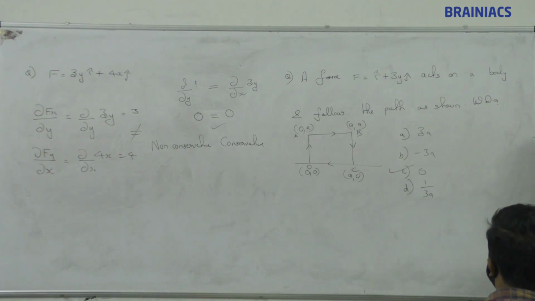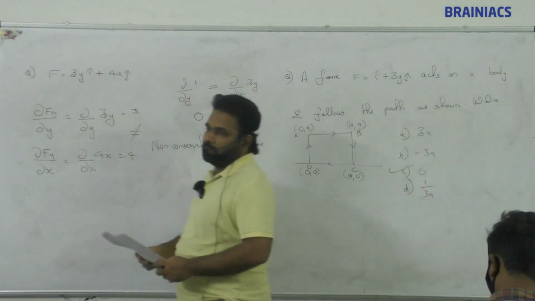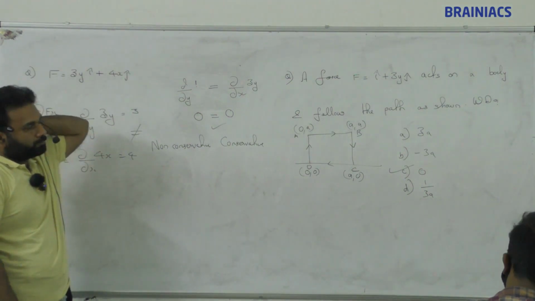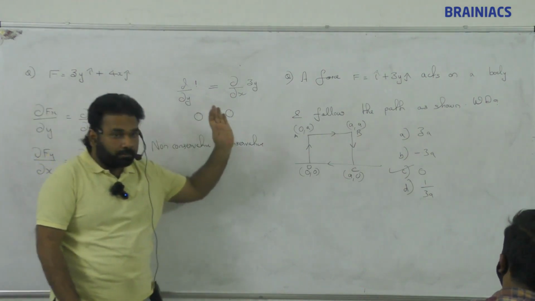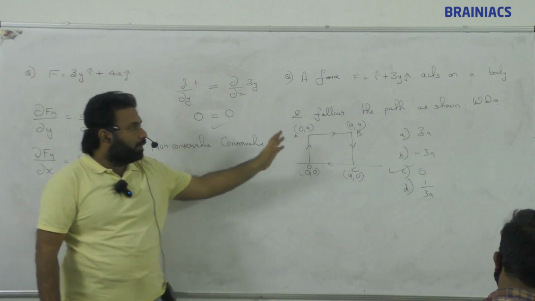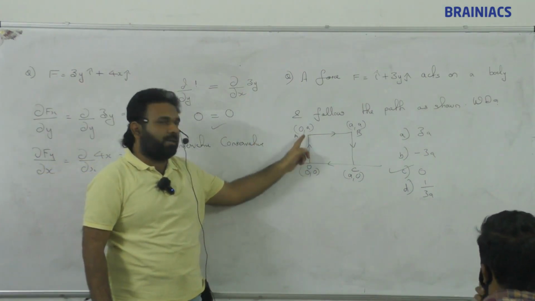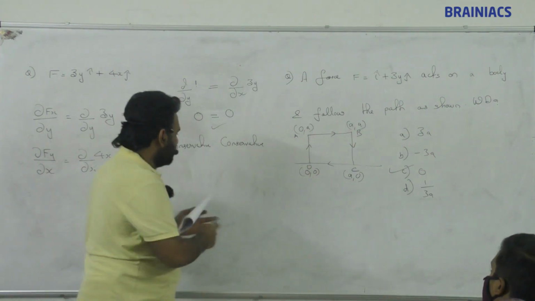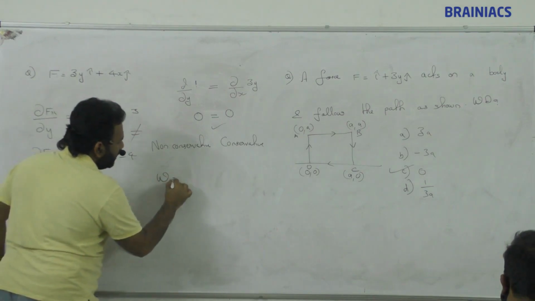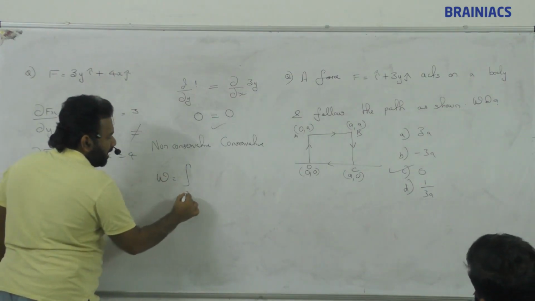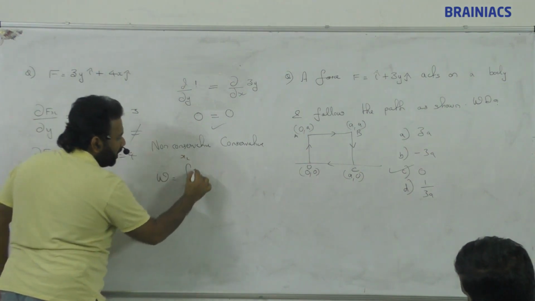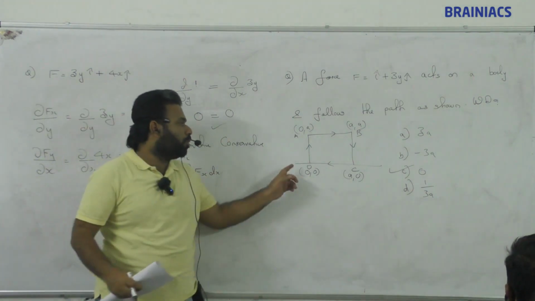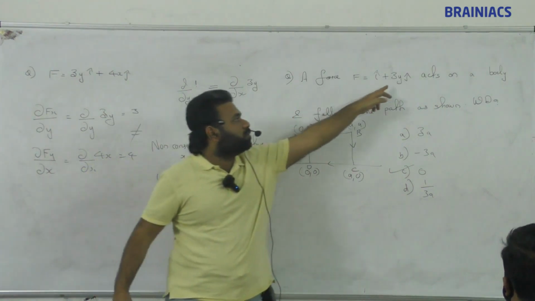Suppose if it is not conservative, we can find it out, right? From O to A, just like this one we have done now. Work is equal to the integral from x1 to x2 of what we have written here, F dx. So when we do O to A, consider this one.